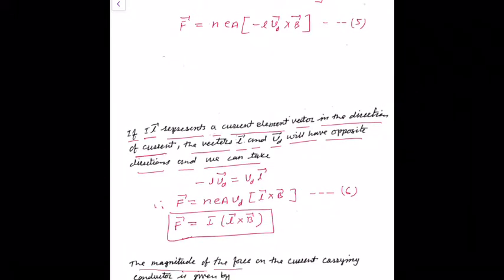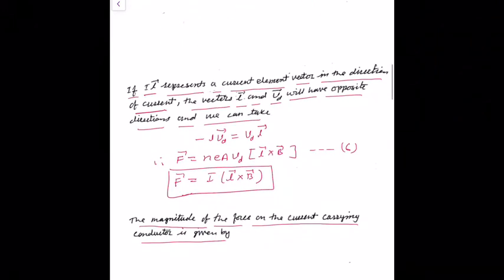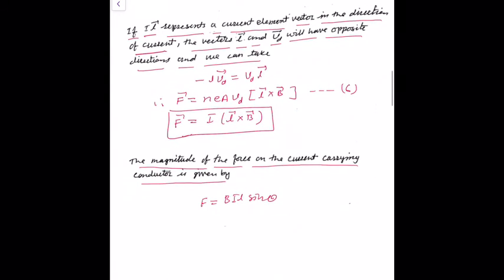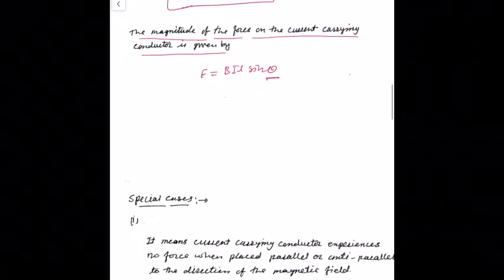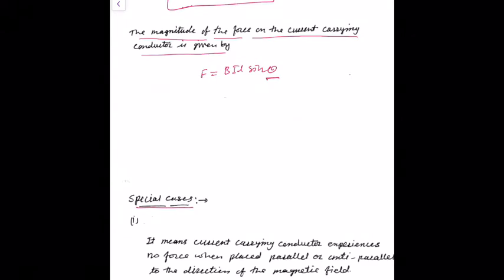So the magnitude of the force on the current carrying conductor is given by F is equal to BIL sin theta, where theta is the angle between the direction of magnetic field and the direction of flow of current. Next, special cases.